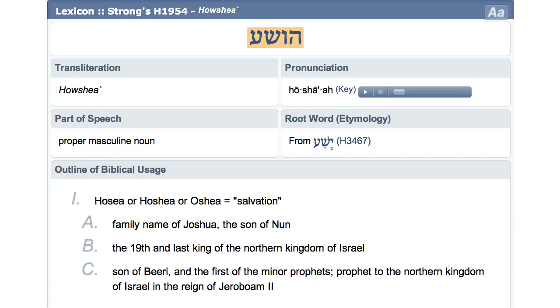Now, what does Ha-wa-shai mean? Down here it says Hosea or Hoshea or Oshea, which is Ha-wa-shai in the Hebrew. It means salvation. Letter A says family name of Joshua, the son of Nun. So we see that Joshua's original name was Ha-wa-shai, which means salvation.